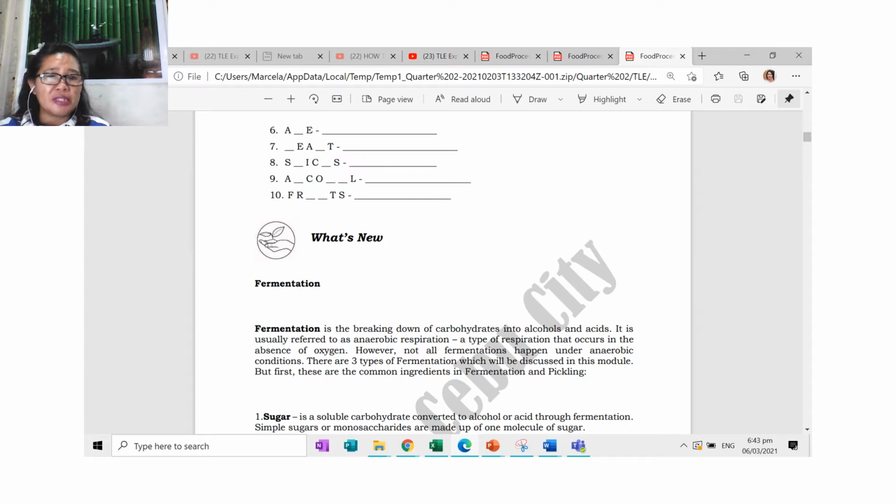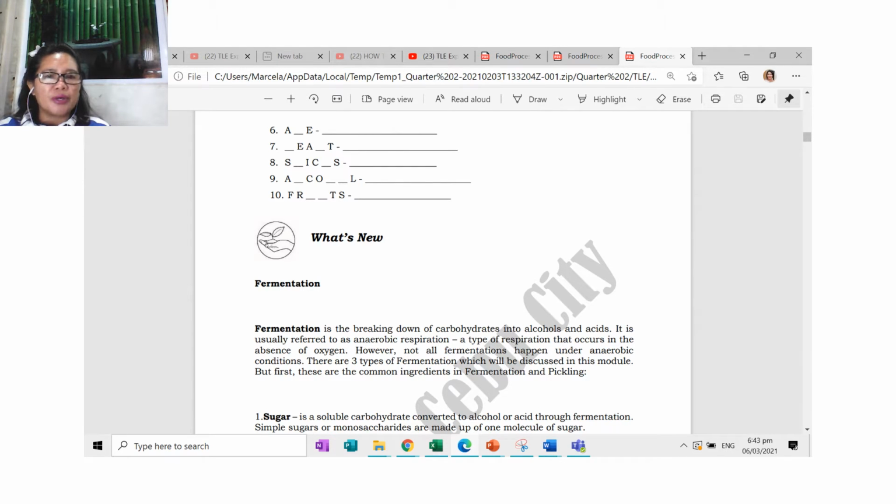But first, these are 3 common ingredients in fermentation and pickling. The first one is sugar. It is a soluble carbohydrate converted to alcohol or acid through fermentation.